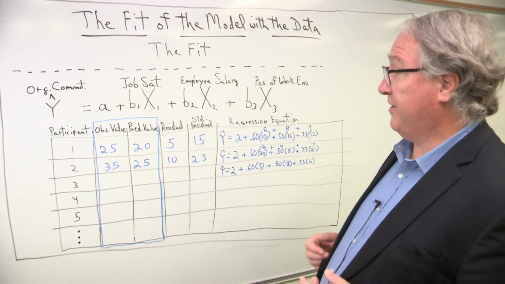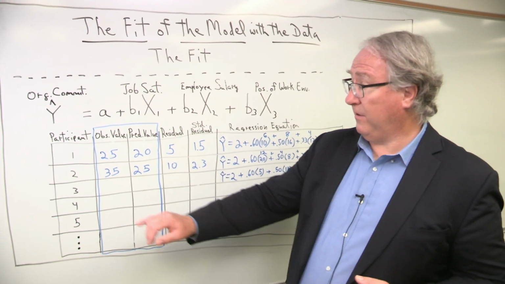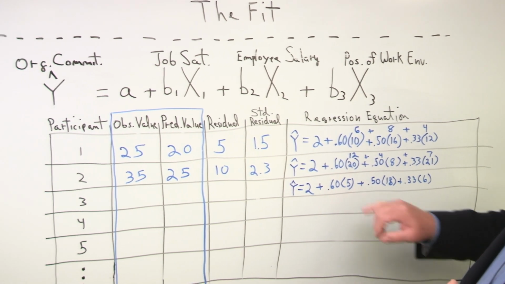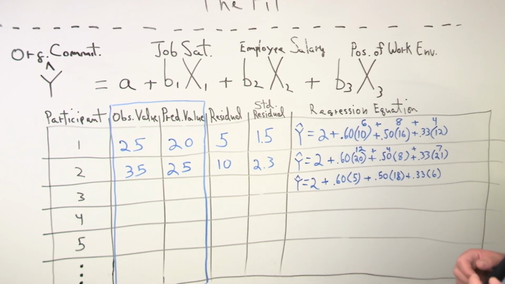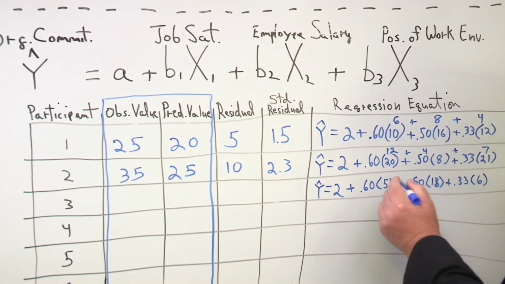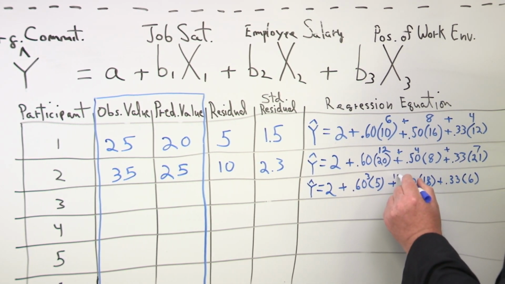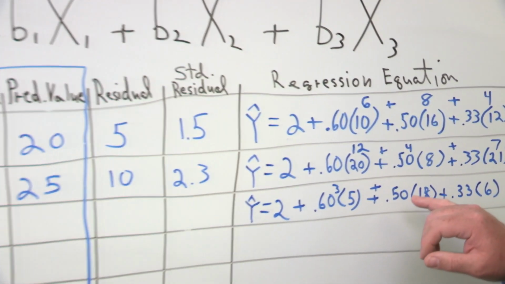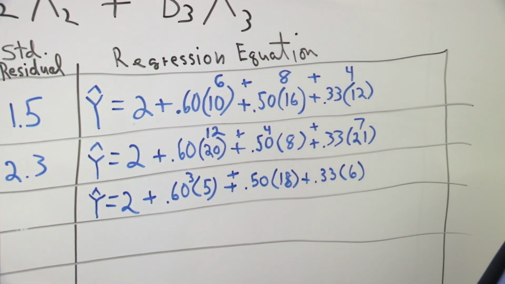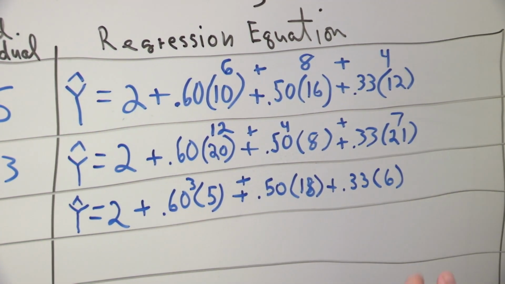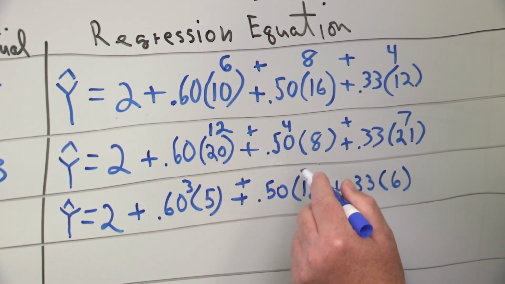Okay, so what is the predicted value coming out of the model for participant number 3? Well, 0.60 times 5 is 3. Plus 0.50 times 18, or half of 18, is 9.